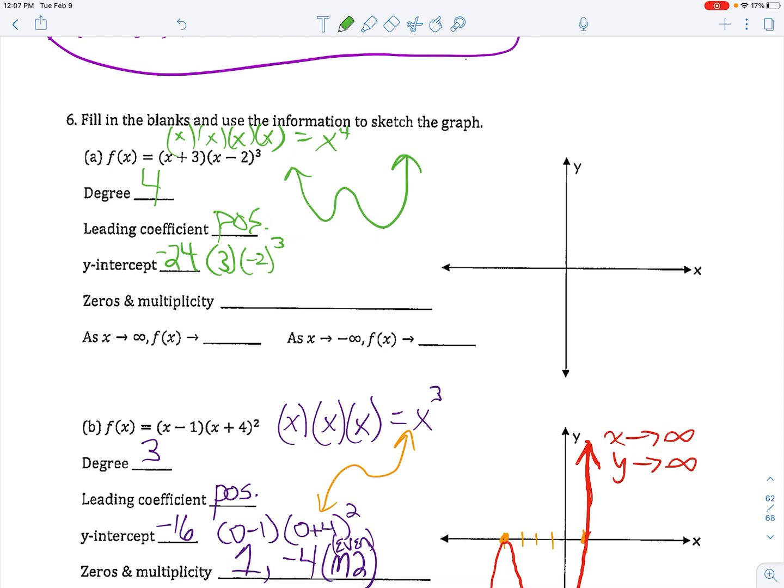The y-intercept, you put in 0 for x, right? So 0 plus 3 multiplied by 0 minus 2 cubed. Negative 2 cubed is negative 8, times 3 is negative 24. That is your y-intercept.